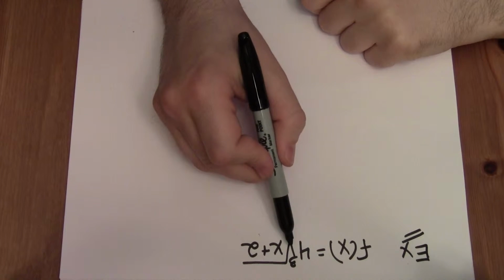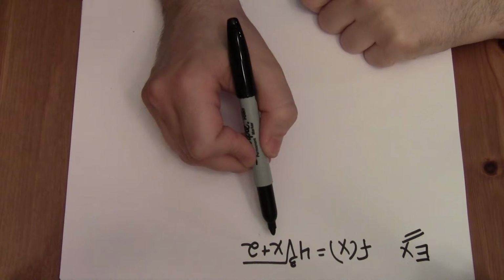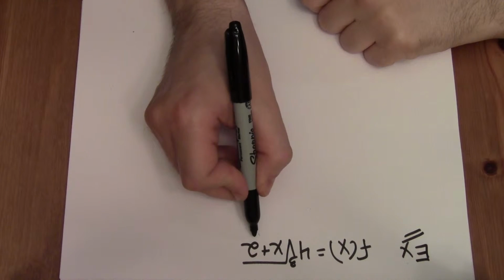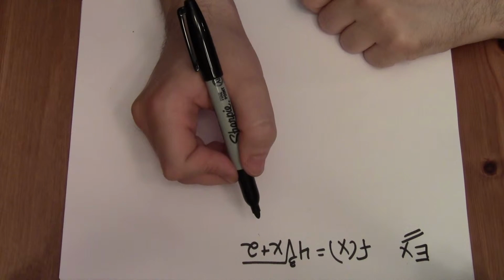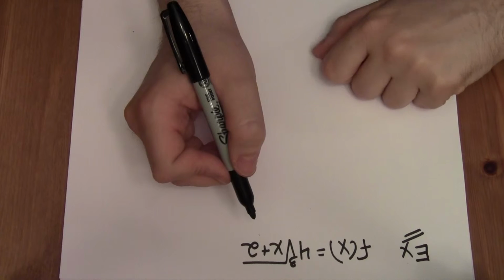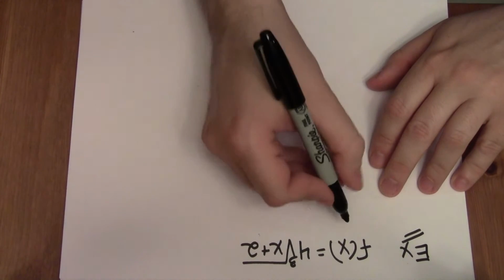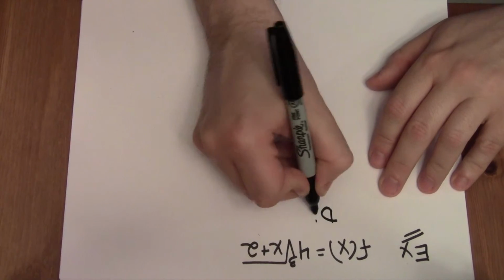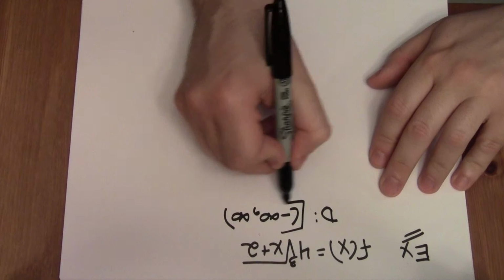Because this is a cube root, rather than a square root or fourth root or any type of even root, we don't have any issues with the stuff underneath the root being negative. We're allowed to take cube roots of negative numbers, and we would just get negative answers, as opposed to imaginary answers. Because of that, you're allowed to plug in any x value you want in this problem, so our domain is just going to be all real numbers, negative infinity, comma, infinity.